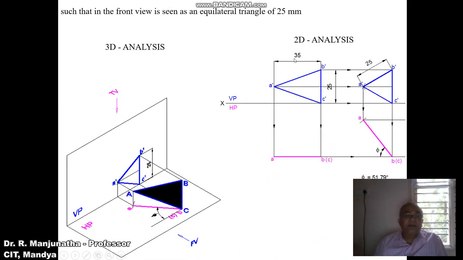Now in the second position, we rotate the plate such that its front view is seen as an equilateral triangle. So we are rotating with reference to the vertical plane.